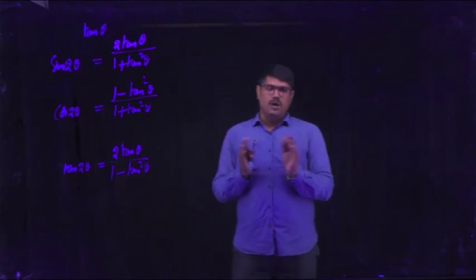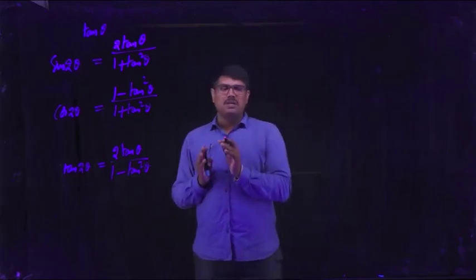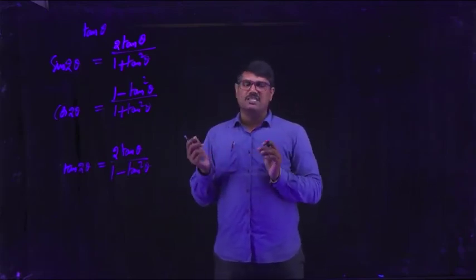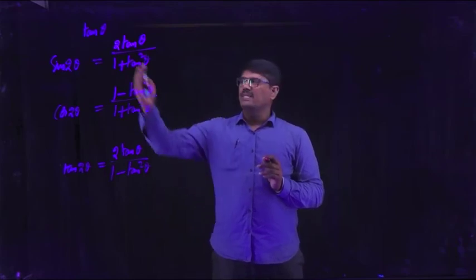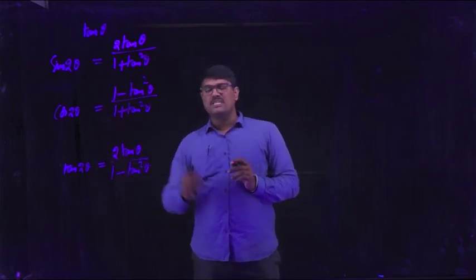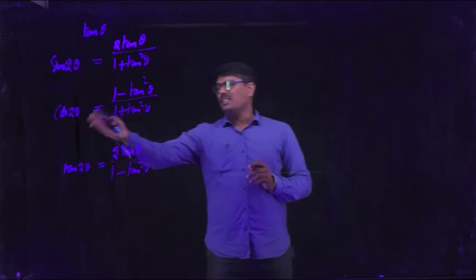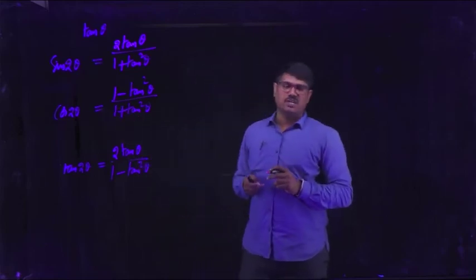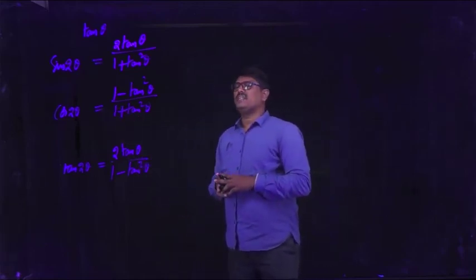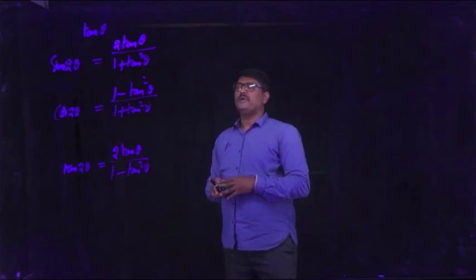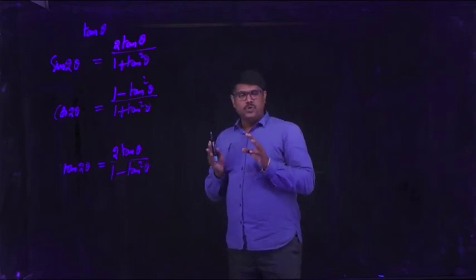So you have to remember both the formulas with a similar format and very small change. One is sin 2 theta and another one is tan 2 theta. And another formula, cos 2 theta in terms of tan, is 1 minus tan square theta by 1 plus tan square theta. So these are the formulas you have to use.